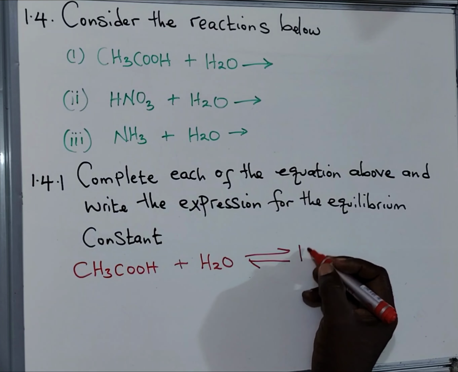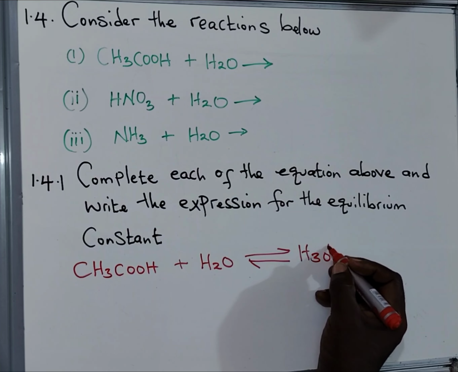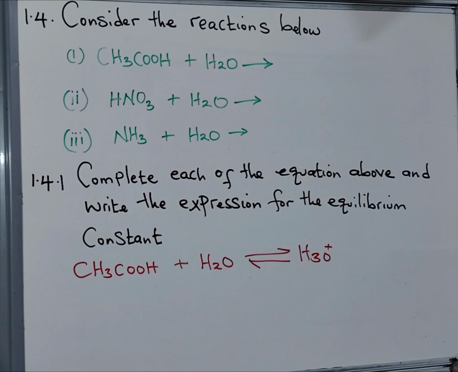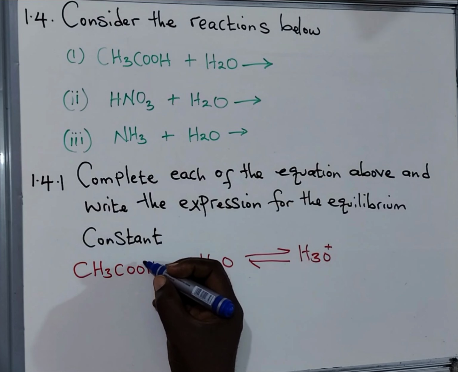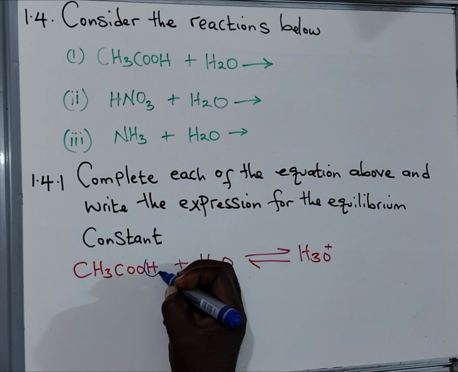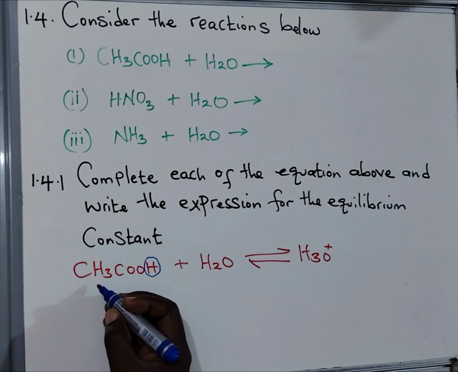So water getting a proton becomes that. Now this one is what we call hydronium ion. And when ethanoic acid loses a proton, it's very important that you know the proton in ethanoic acid which is dislodgeable is this one. Don't become confused with the three. These ones are not dislodgeable.